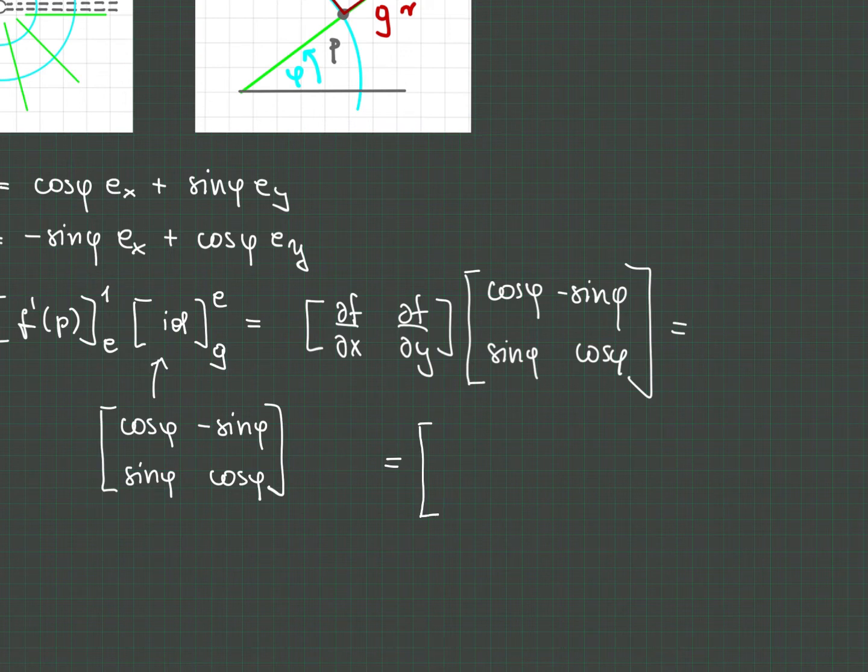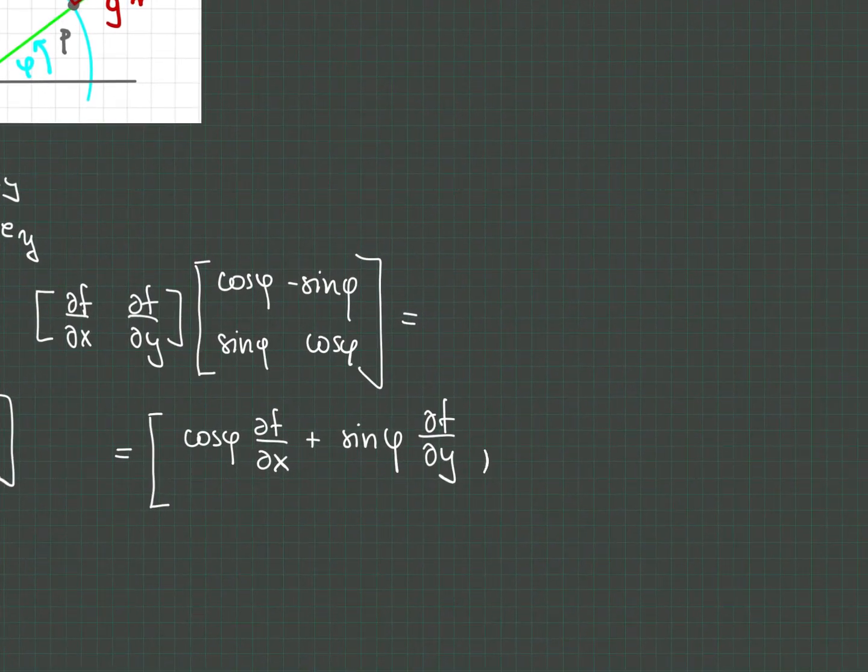Cosine multiplies, because as usual I multiply row by column, row by column. So cosine phi df over dx plus sine phi df over dy, and the second component of the matrix is minus sine phi df/dx plus cosine phi df/dy.